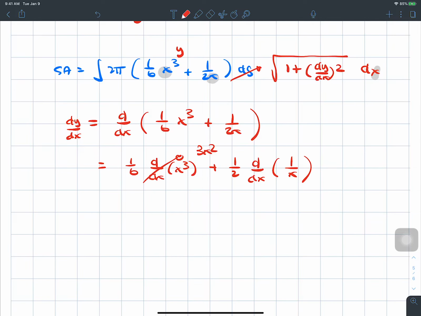And you get 1/4 x to the 4th plus 1/2 plus 1/4 x to the minus 4th. And now here's my point. Here's what I want to remind you guys. This term was obtained by squaring dy dx, which is right up here.